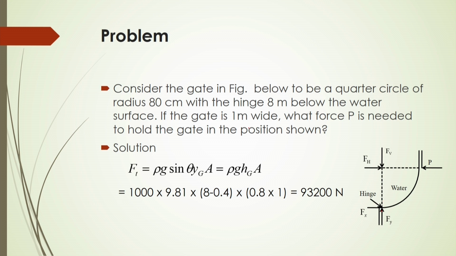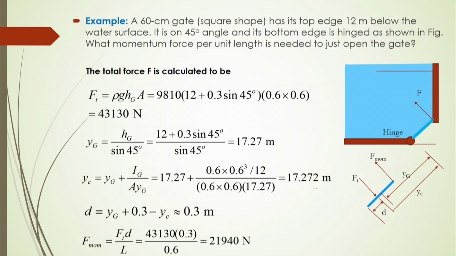If the gate is 1 meter wide, what force P is needed to hold the gate in the position shown? In this case, the total force will be equal to rho into sin theta into y g into A, that is rho into h g A, as per the formula discussed earlier. So, this will be the total force.